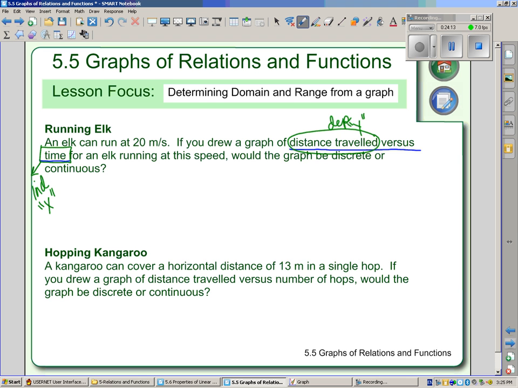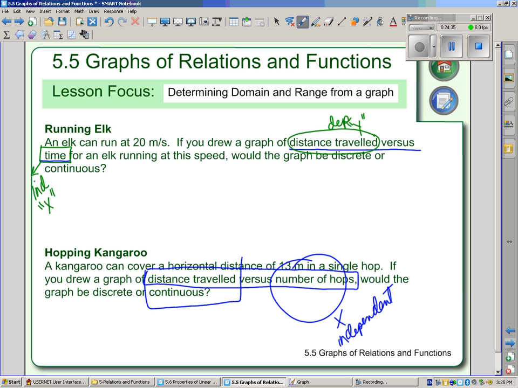So that wording also gives away what's independent or dependent. So here we have the distance traveled versus the number of hops. Right, so we know that the number of hops is the x, the independent variable, and the distance traveled here is the y, and that's our dependent variable.